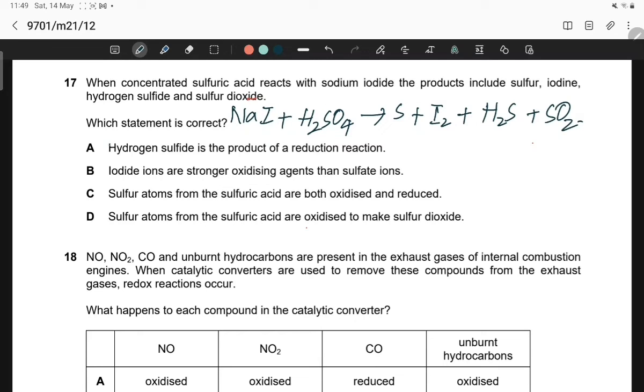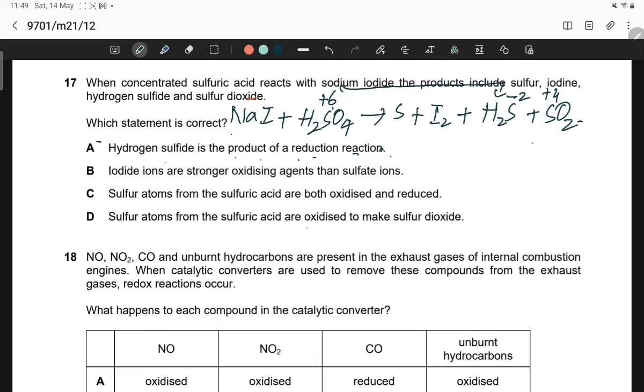Which statement is correct? Hydrogen sulfide is the product of a reduction reaction. Let's see, H2S is -2, the oxidation state over here is +6, so +6 to -2 is reduced, and +6 to +4 is also reduced. Hydrogen sulfide is the product of the reduction reaction.